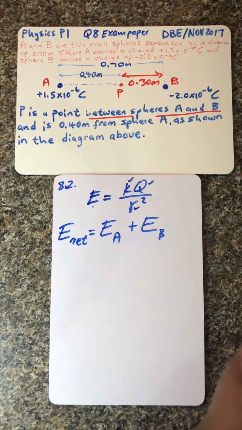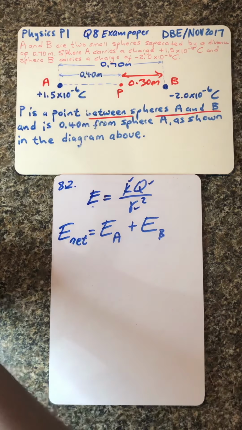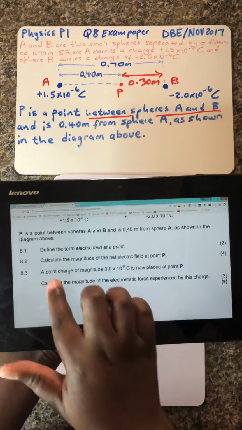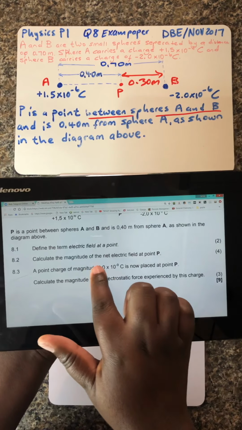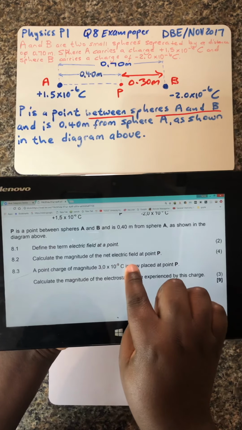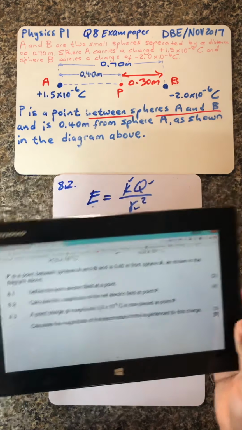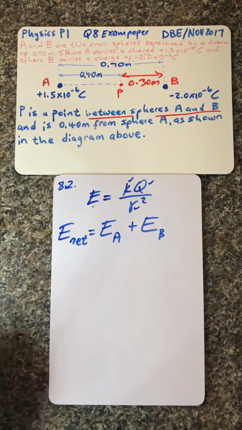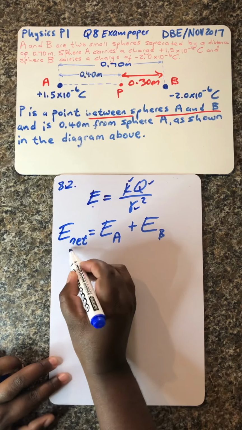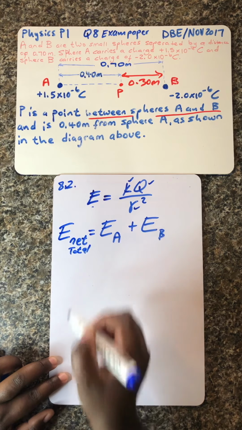Remember guys, it's very important again to note on this question. Let me show you something. Calculate the magnitude of the net electric field. I just want you to note that it is the net electric field at point P. So the word net means total.